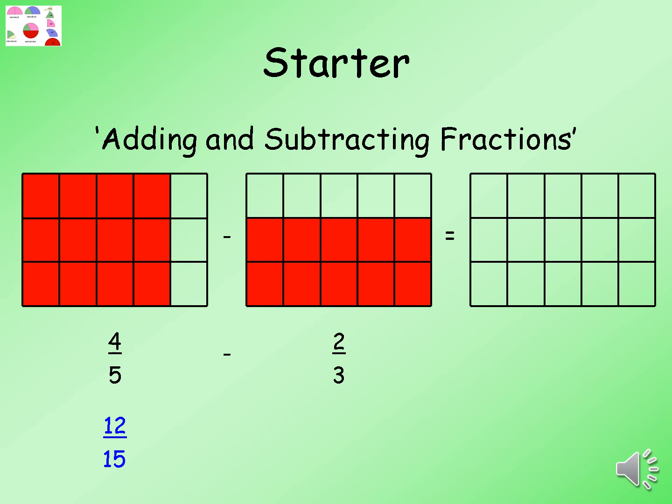So we must multiply 4 by 3. 4 times 3 is 12, and on the other side we multiplied that by 5, so we must multiply 2 by 5. So that gives us the same common denominator of 15, and now we are able to do the sum. So it's 12 take away 10, which is of course 2, so the answer is 2/15.